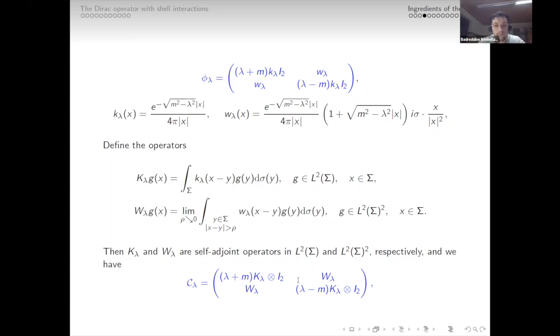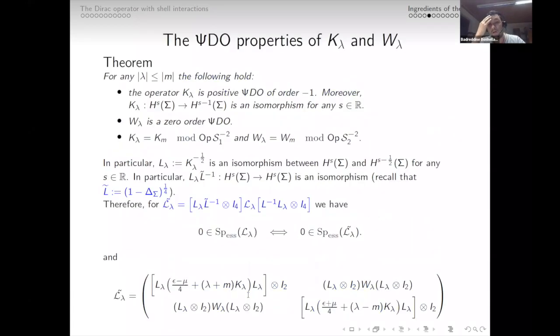All right, so in order to study this L, we need first to study the properties of these operators K lambda and W lambda. So in this sense, we have obtained the following result on pseudo-differential properties. For K lambda, this is somehow known and classical. So the result says the following.